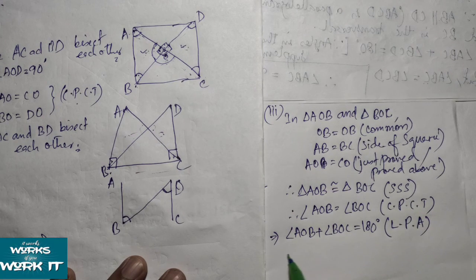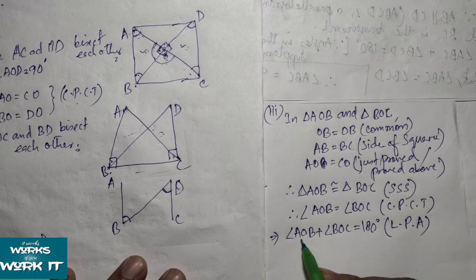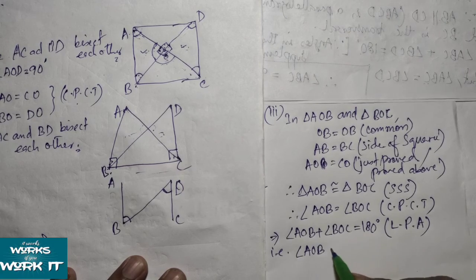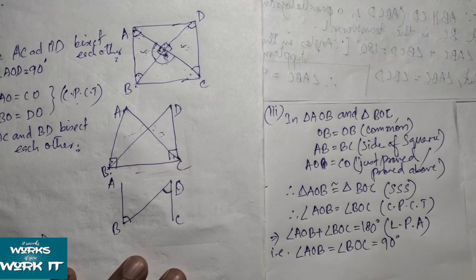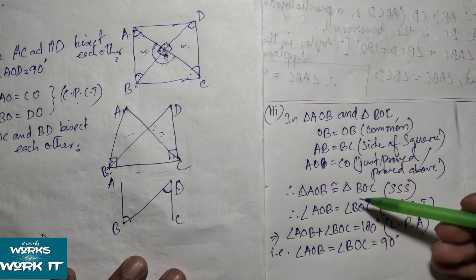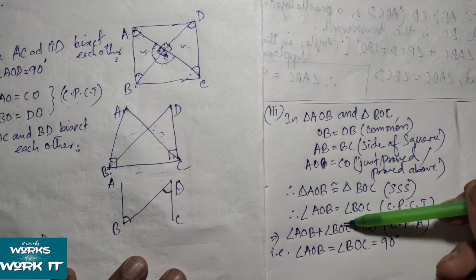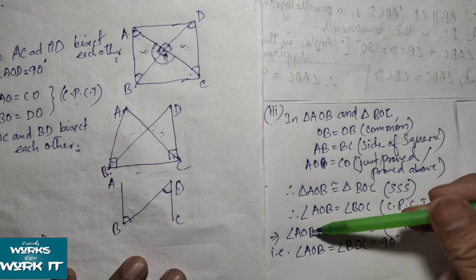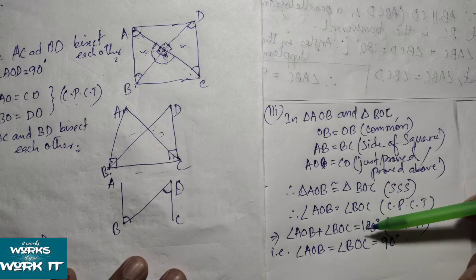So this shows that angle AOB is equal to BOC, and if I add both angles, they give us 180 degree. Understand this procedure: since AOB is equal to BOC and AOB plus BOC is 180 degree, that means both the angles will be equal, taking 90 degree each.